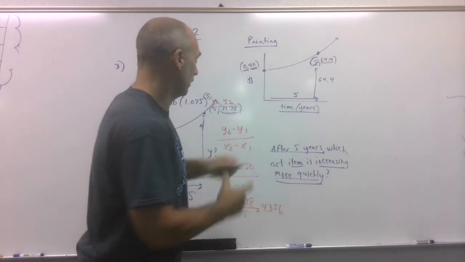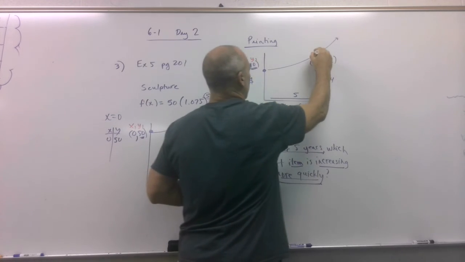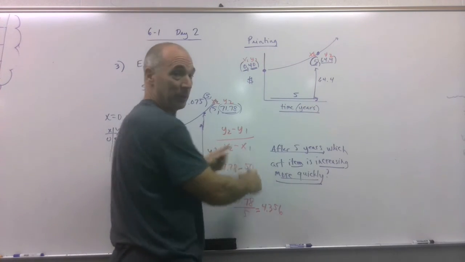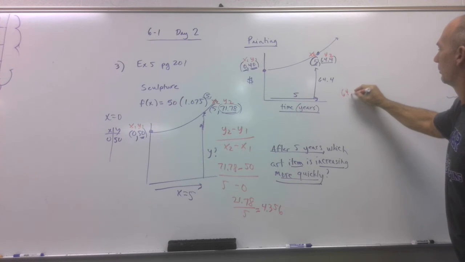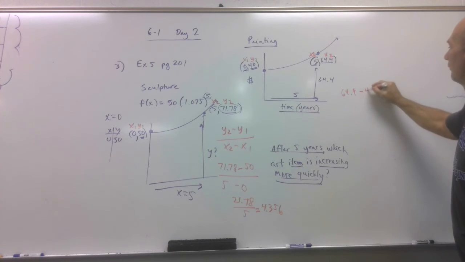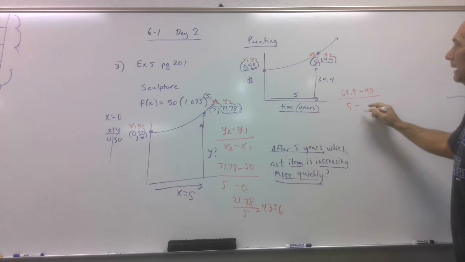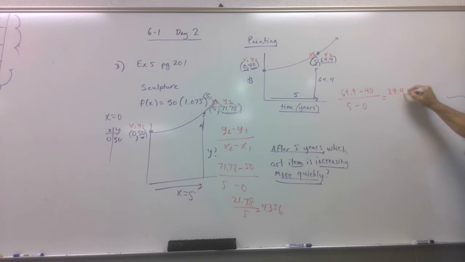Now we're going to do the same thing here. So there's x1, y1. There's x2, y2. We're going to plug it back into this formula. So y2 is 64.4 minus 40. That's y1. x2 is 5, and x1 is 0. So we get 24.4 over 5.